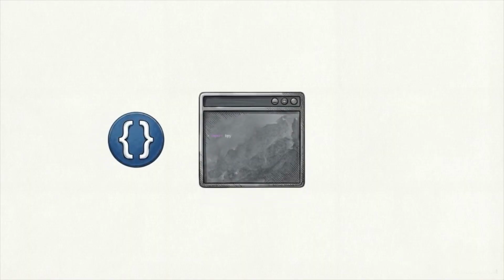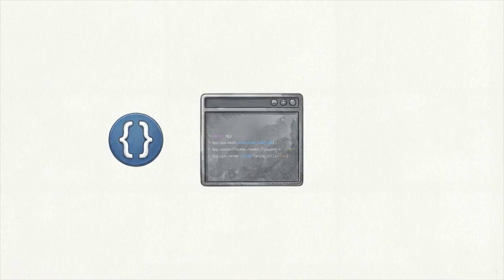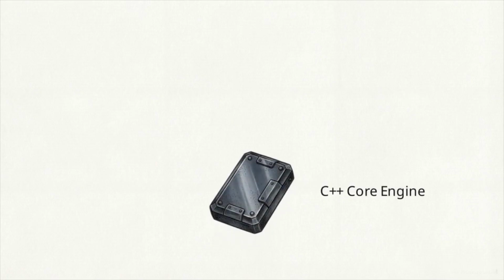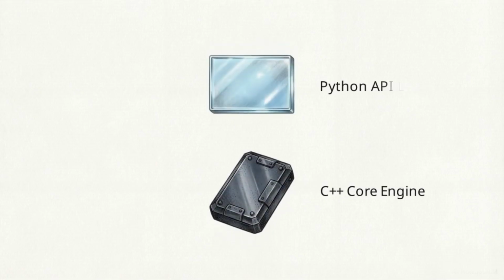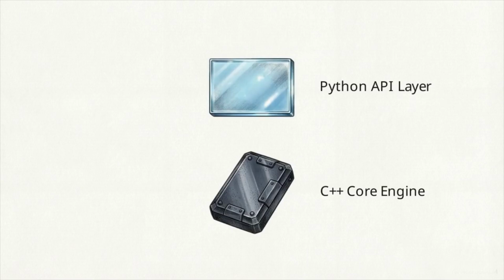A Python application programming interface, or API, sits directly on top of the core, acting as the high-level control mechanism. This Python layer drives the user interface, custom tooling, and workflow automation. These two layers communicate rapidly and bidirectionally.